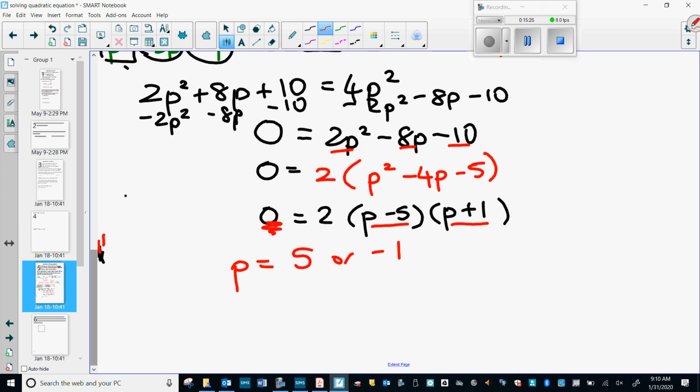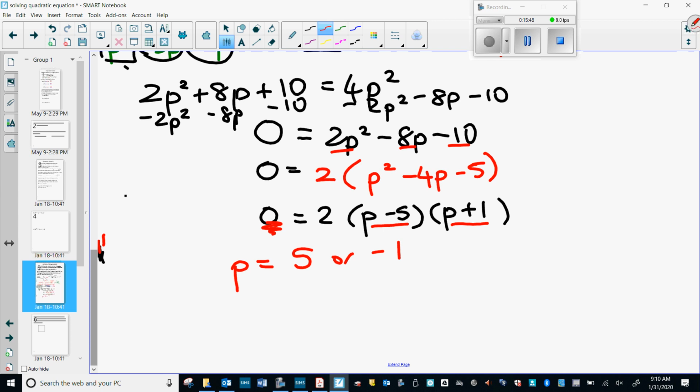Now, this 2 can never be 0. It's a 2, yes? So we just need to focus on the brackets, because as long as one of our brackets is 0, the whole thing is still going to be 0. So the 2 plays no part and doesn't affect our choice of numbers.